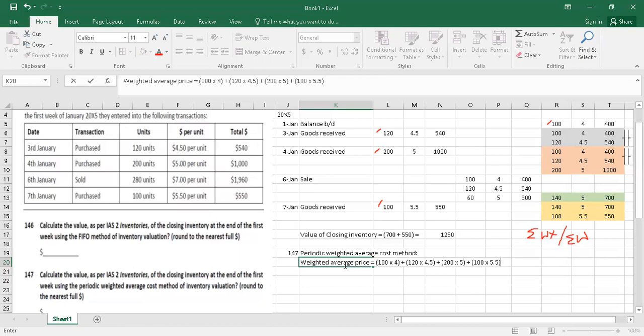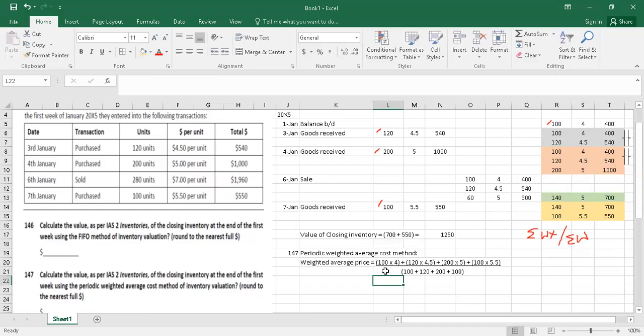That's the sum total of all the units that were received, sigma Wx. The entire thing divided by the total of the quantities. Quantities total is 100 plus 120, then again 200, then again we see 100 is received. So that is how the weighted average is calculated.